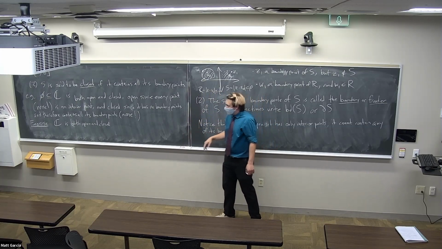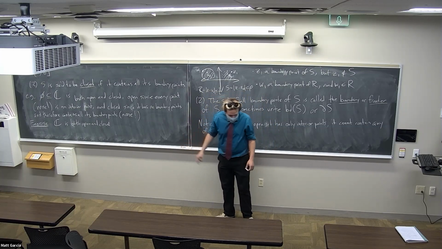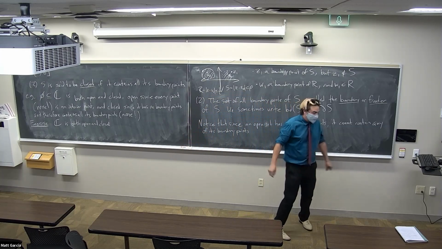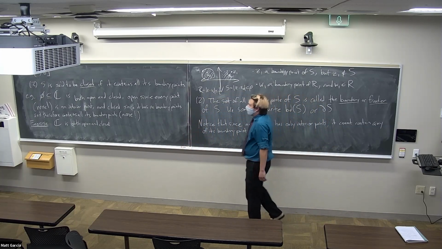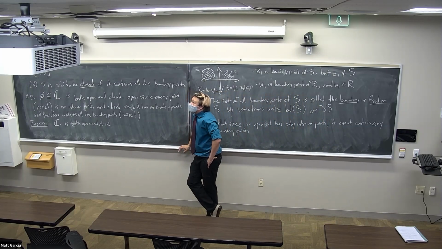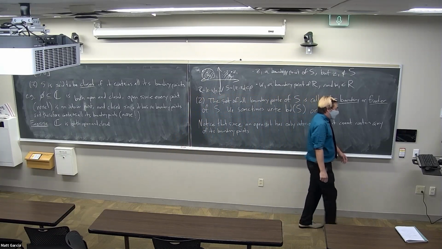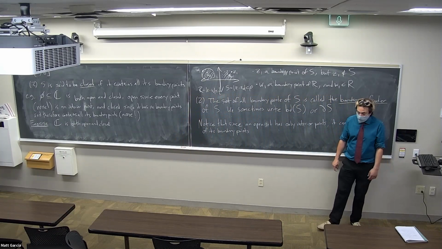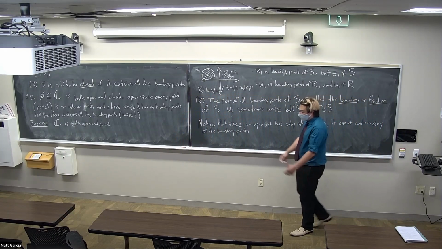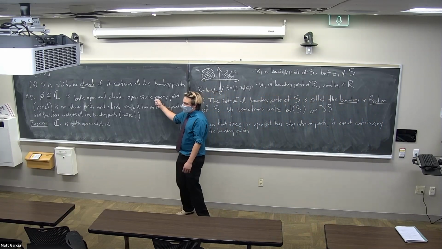But in fact, check me on this, but I think if you're dealing with a connected space, I'm saying something slightly more general than just for complex numbers, if you have a connected space, the only subsets of that space which are both open and closed are the entire space and the empty set. These are the prototypical examples.